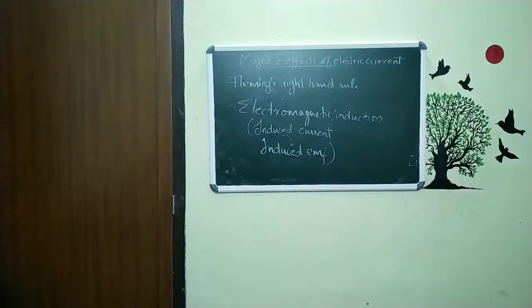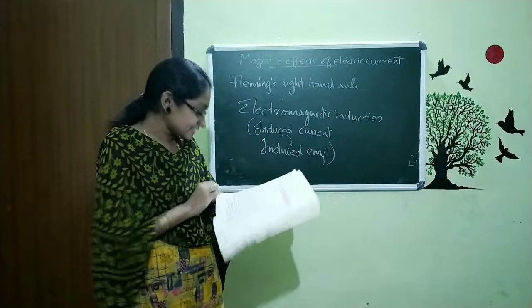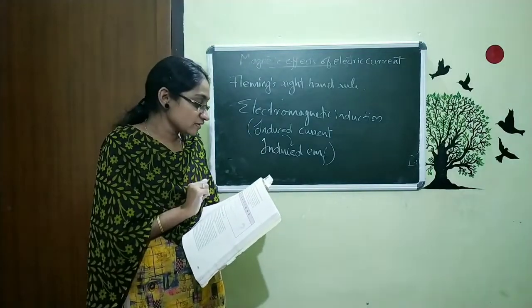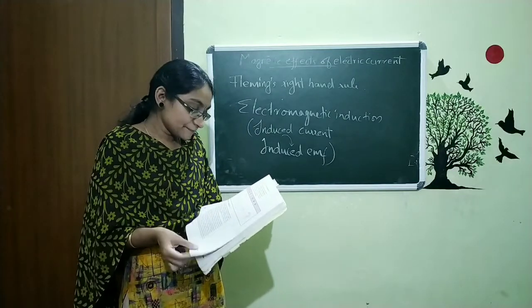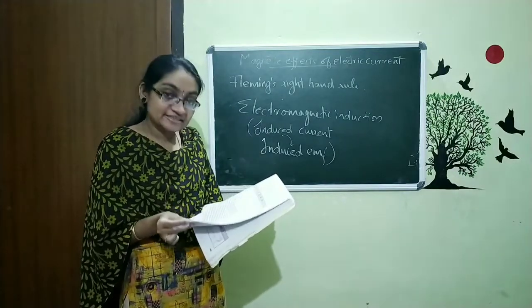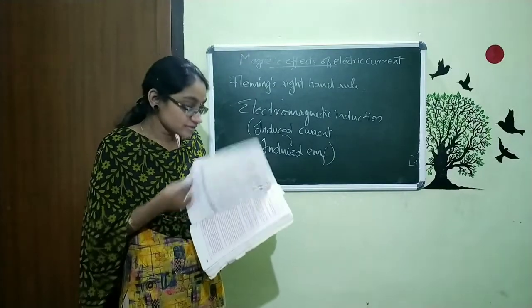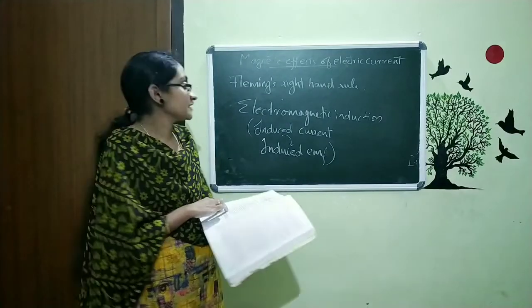Then take your textbook. On page number 236 you can see electric generator. That is not in your syllabus. It is cut off. And on page number 237, the domestic electric circuits, that is also not in your syllabus. So our chapter is over here.